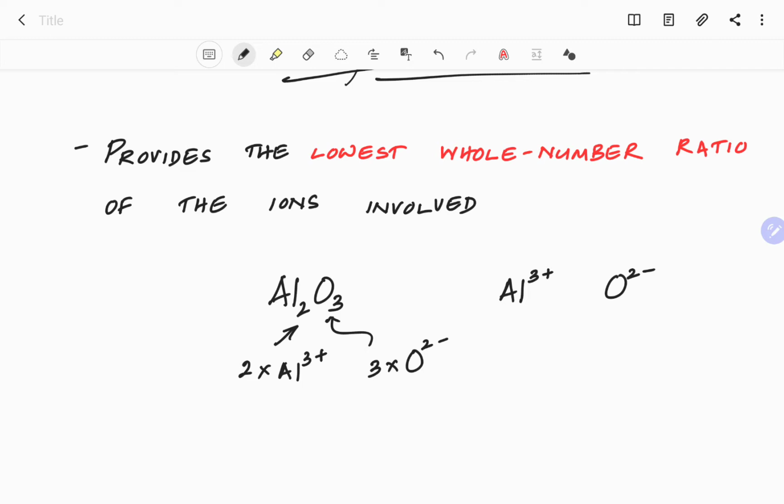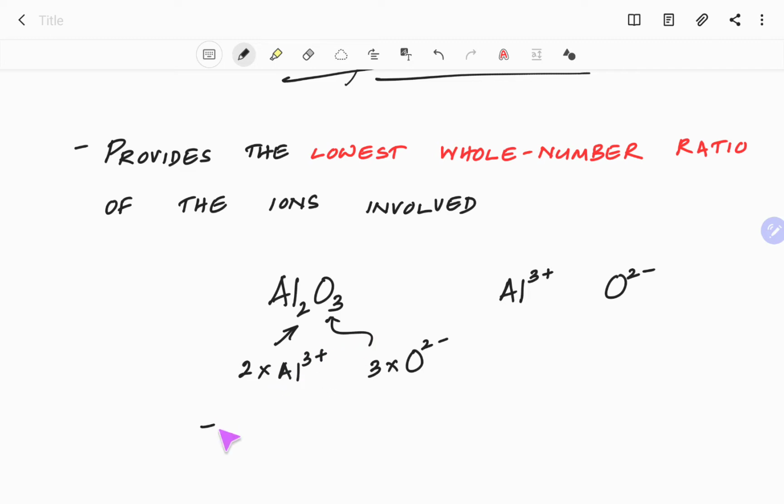It basically provides you the ratio between aluminiums and oxygens, and this is the lowest whole number ratio for aluminium and oxide. All right, the other important thing is to take a look at the charges of the ions involved. You have two aluminium ions.